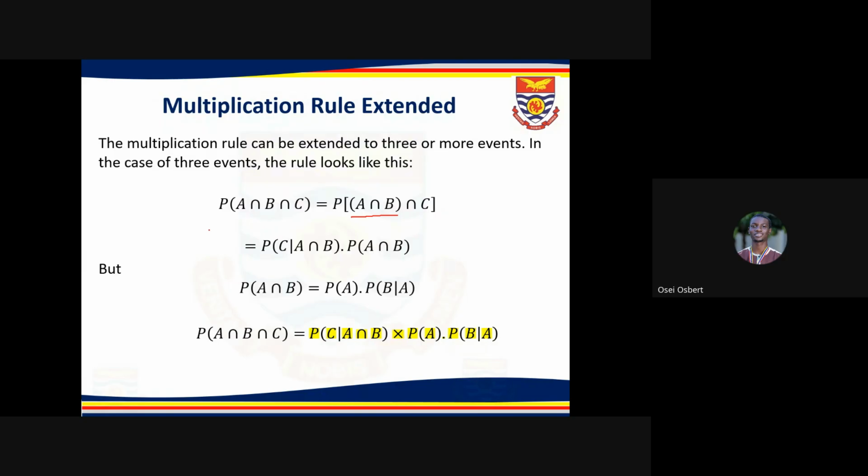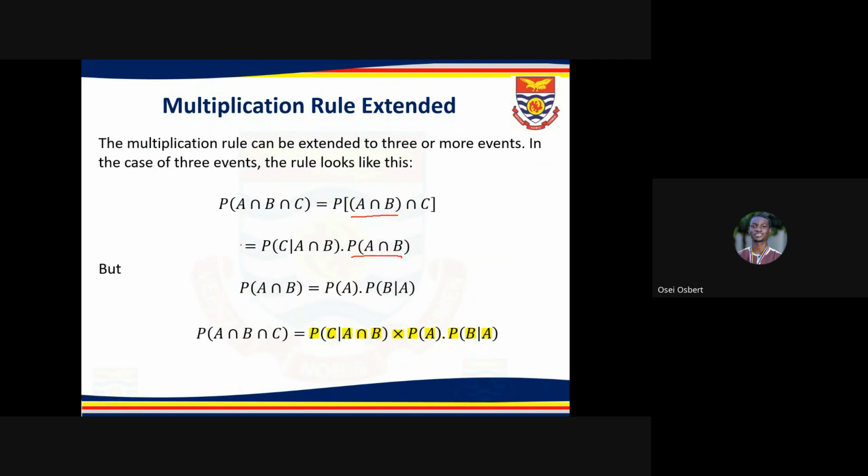So if we are looking at 2 at a time, A intersection B, before we look at its intersection with C, that will give us probability of C, given that A intersection B has already occurred, times probability of A intersection B. And probability of A intersection B itself can be written as probability of A times probability of B, given that A has occurred. So that's what we do. We now substitute.